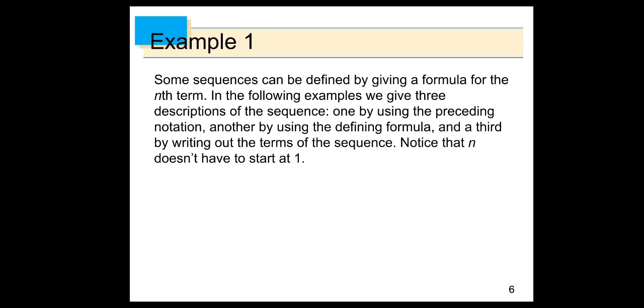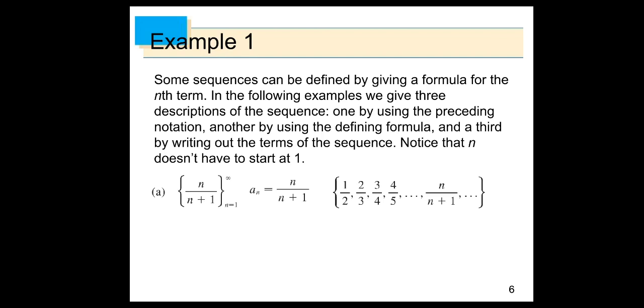Some sequences can be defined by giving a formula for the nth term. So we have an example over here, and in that example we will have three things. First one is the preceding notation, second one is the defining formula, and the third one is the terms of the sequence.